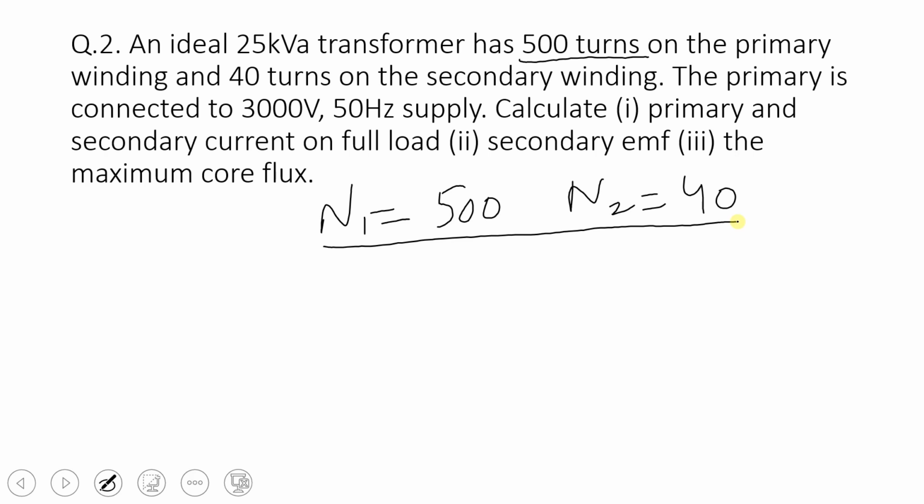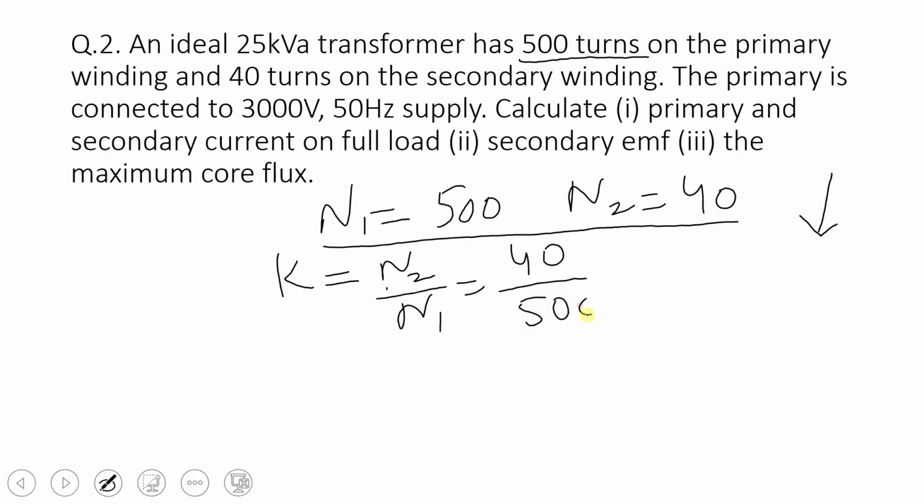On the primary side we have a larger number of turns as compared to the secondary side, so this is a step down transformer. So K is equal to N2 upon N1, which is 40 upon 500. So this is the ratio.